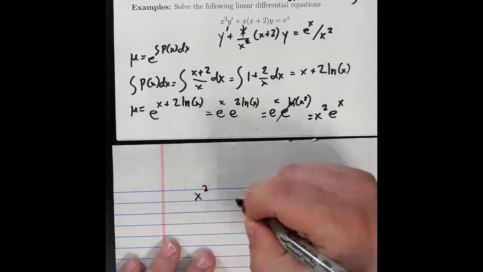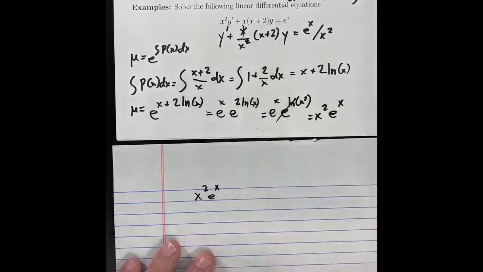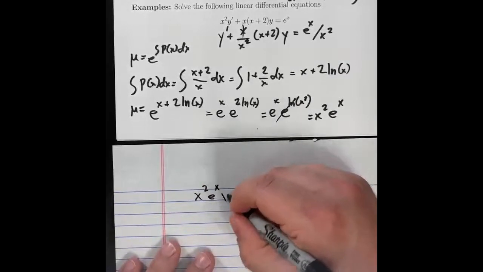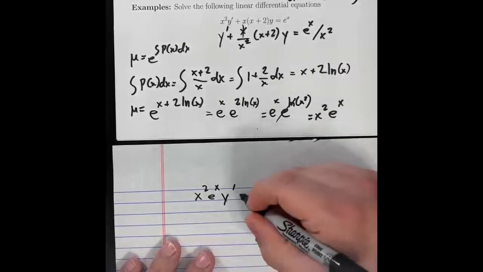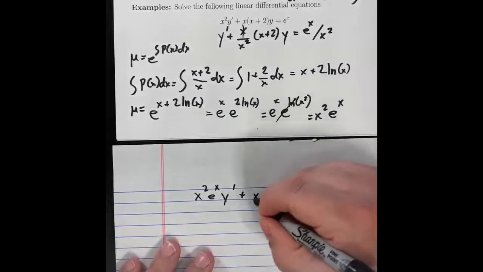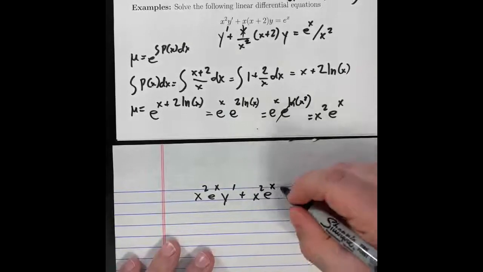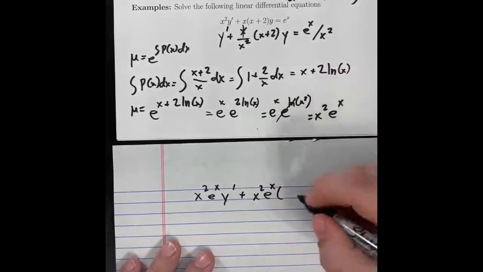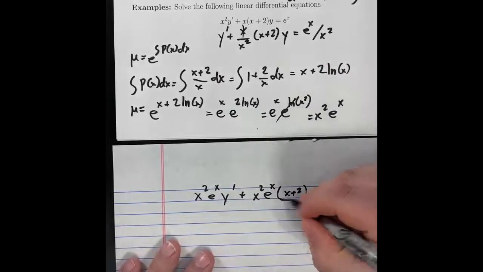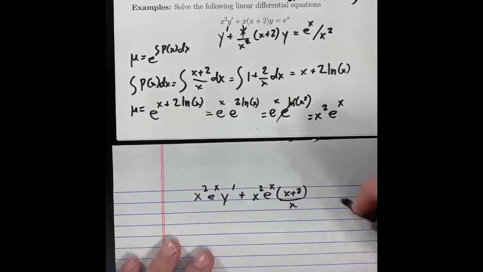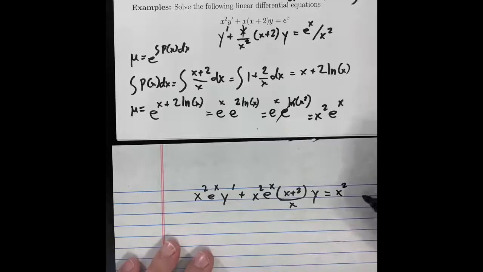We'd have x squared e to the x times y prime plus x squared e to the x times (x plus 2) over x times y equals x squared e to the x times e to the x divided by x squared.